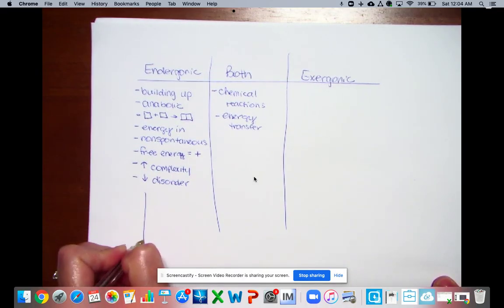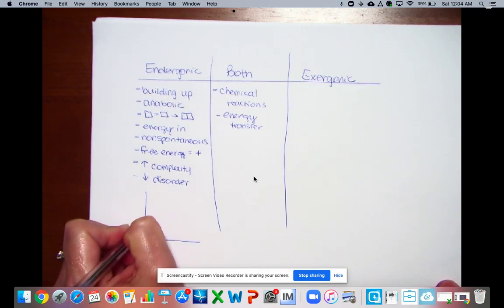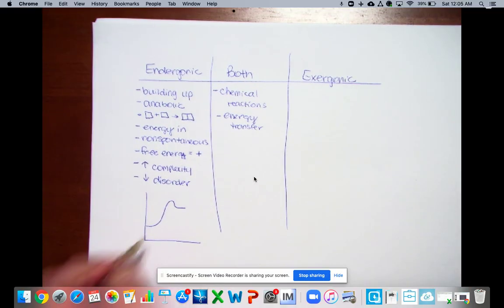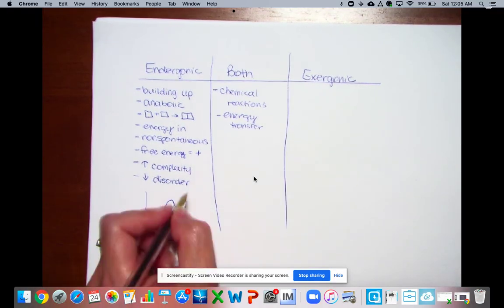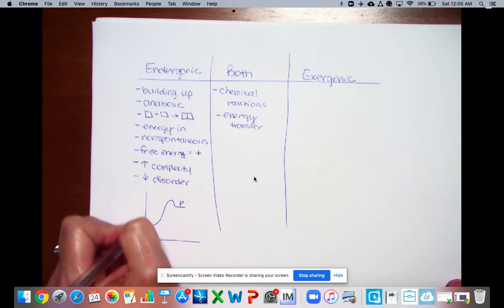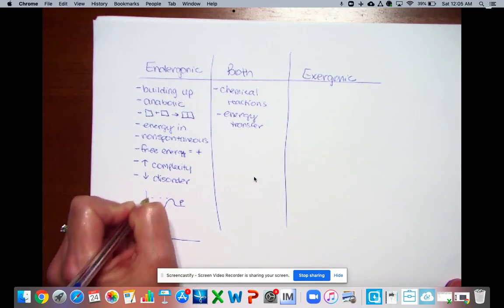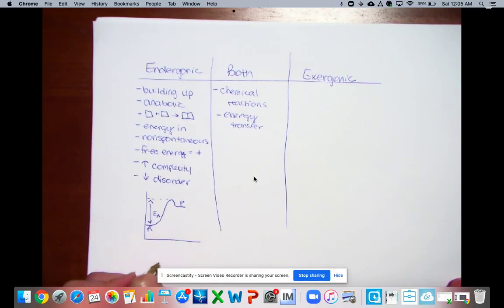As far as an energy graph, what you're going to see with this is you're going to see your reactants down here are going to have a lower energy than your products. You are going to have a certain amount of energy that you're going to need to add to get the product or the reaction going. That is going to be your activation energy, so EA.